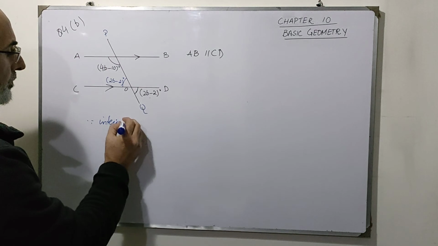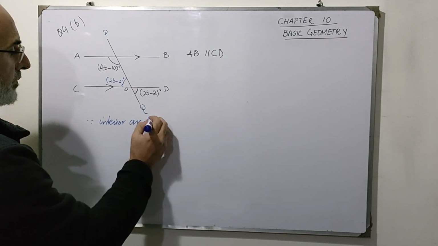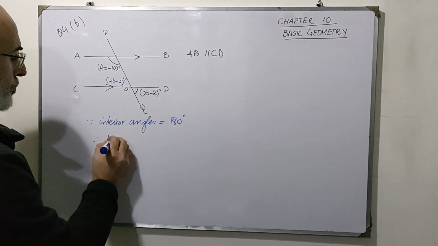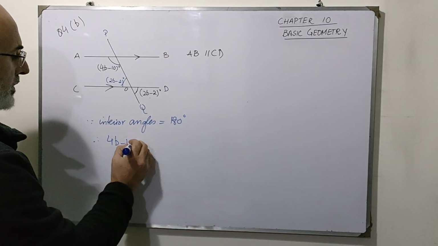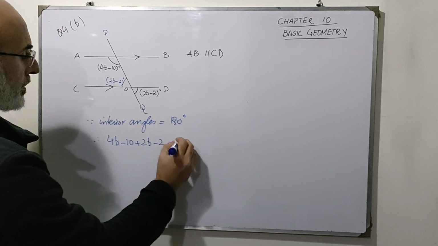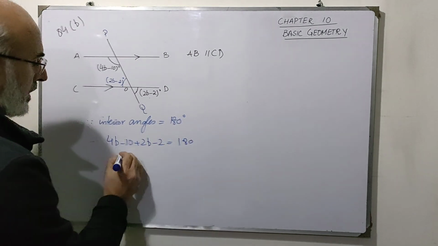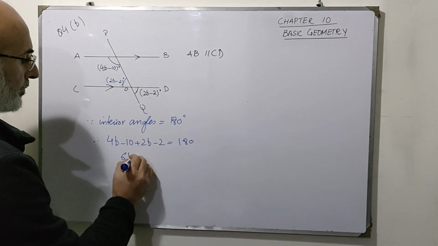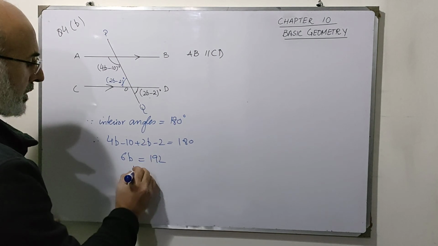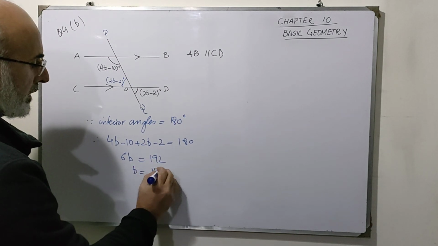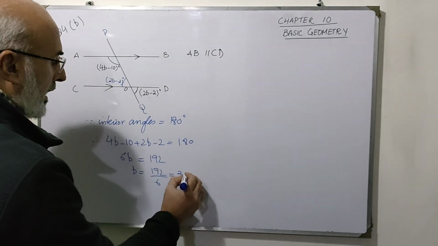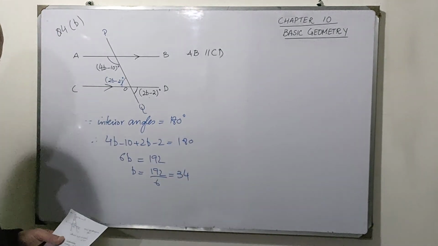So since interior angles equal 180 degrees, therefore 4b minus 10 plus 2b minus 2 is equal to 180. So 6b is equal to 192 and b is equal to 192 over 6, which is 34 degrees.